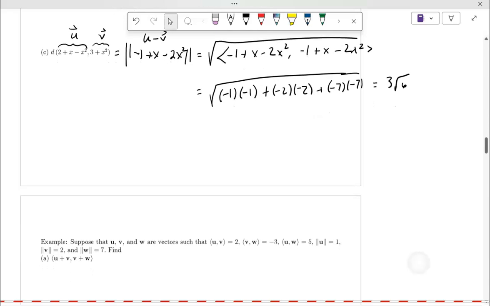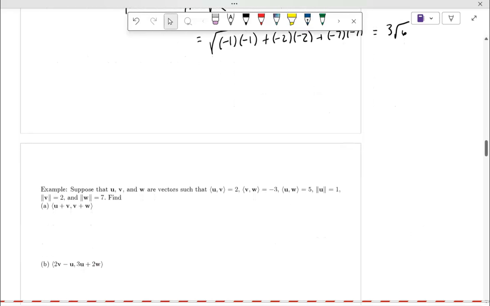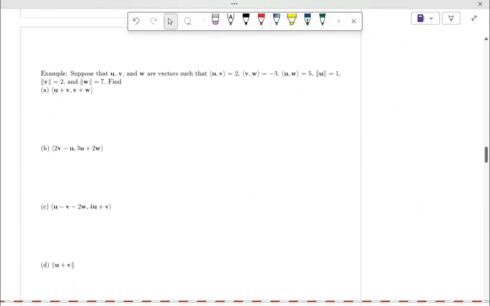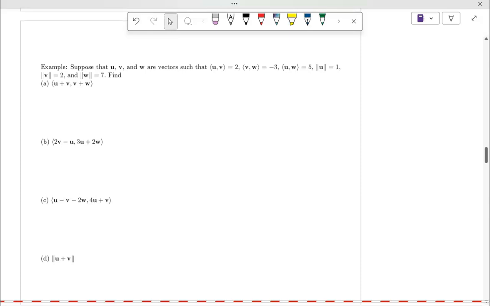Okay. All right. This next one just wants us to play around with the properties. They tell you some inner products and some lengths, some magnitudes, and then ask you to compute. Doesn't tell you what the vectors are, does it?